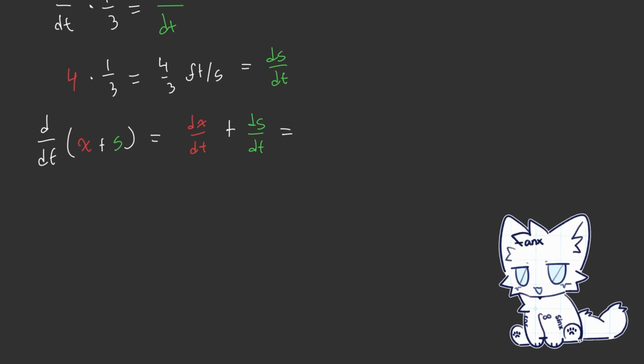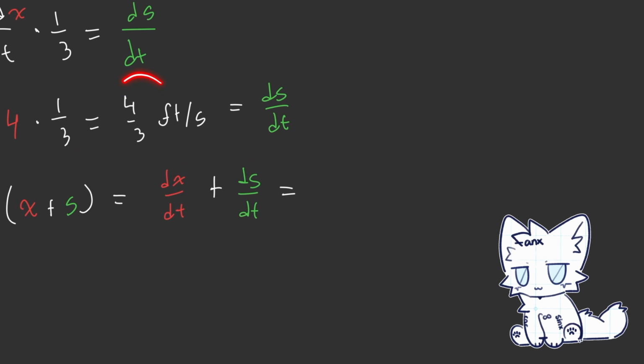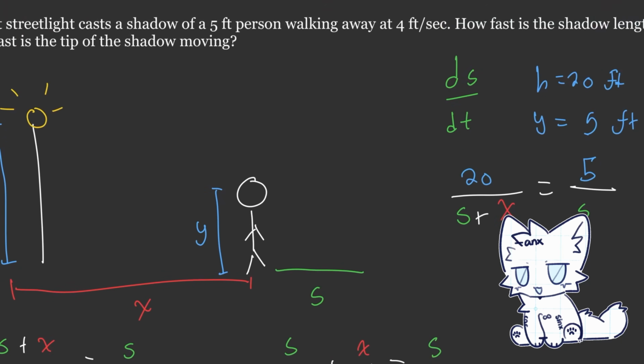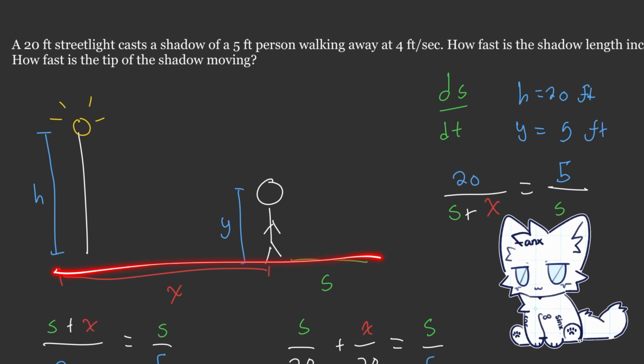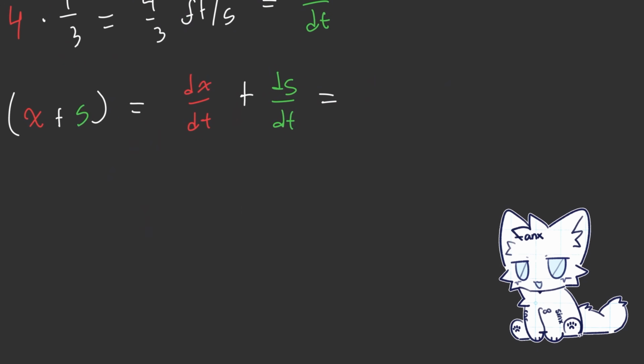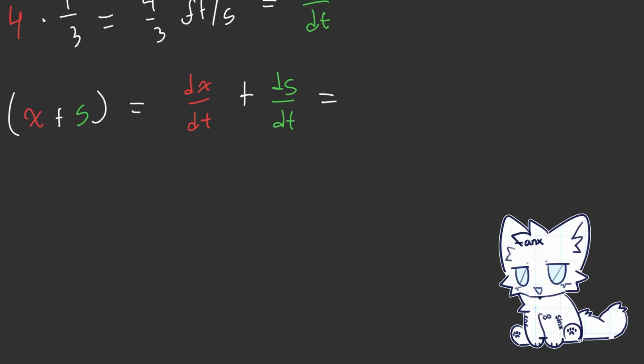You just add up the rates together. 4/3 feet per second plus 4 feet per second. That would be equal to 16/3 feet per second.